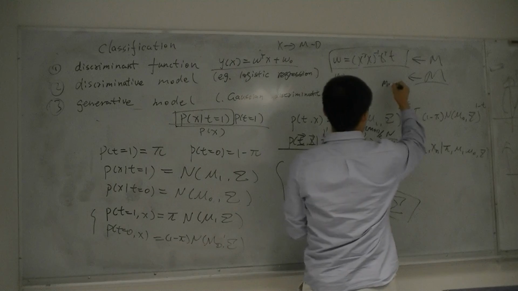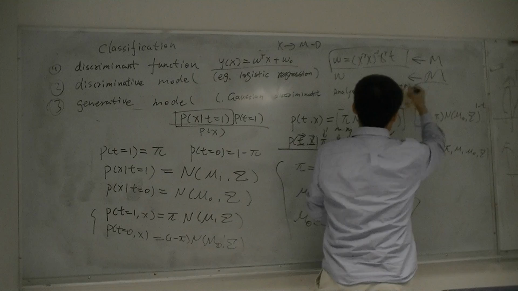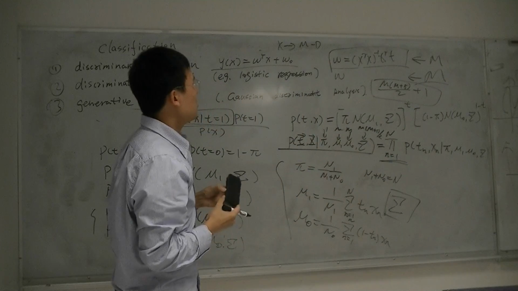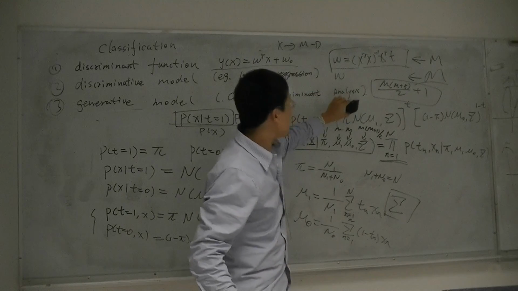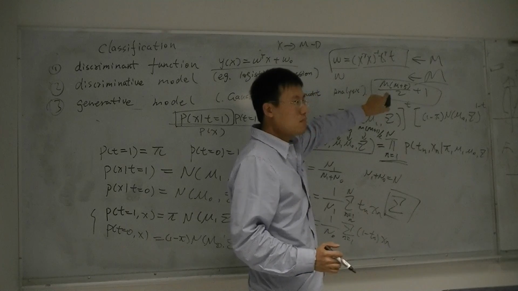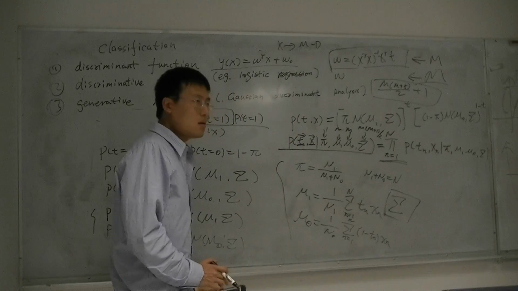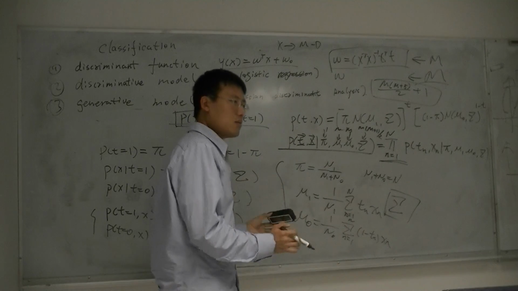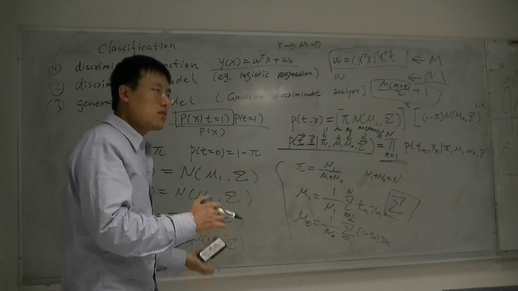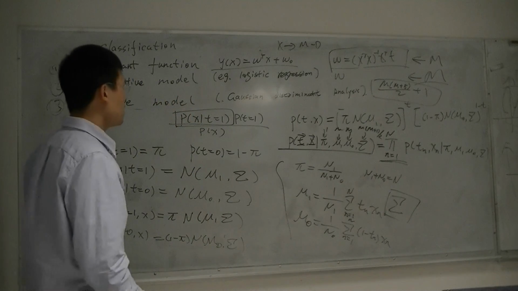So the total is m plus m times m plus 5 over 2 plus 1 parameters. So if your dimensionality of input variable x is very large, then you need to estimate many more hidden parameters by using the third method. So there's a trade-off. If you know the distribution, you know some prior information, and the dimensionality of x is not huge, then you may try the third method.